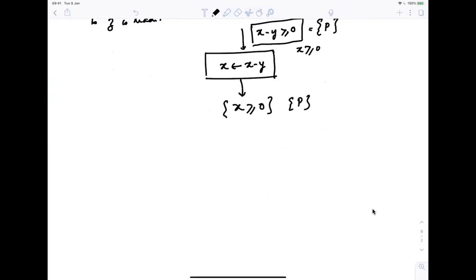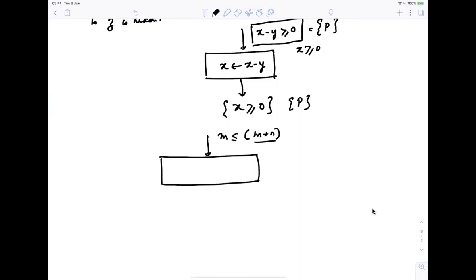Let me take one more example. Let's say we start out with this assertion: m less than or equal to n plus 1, m less than or equal to m plus n over 2, less than or equal to n.